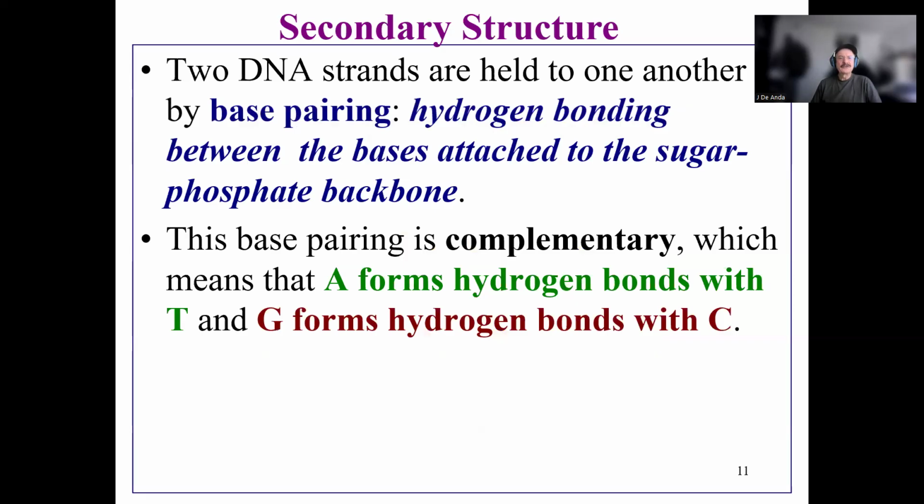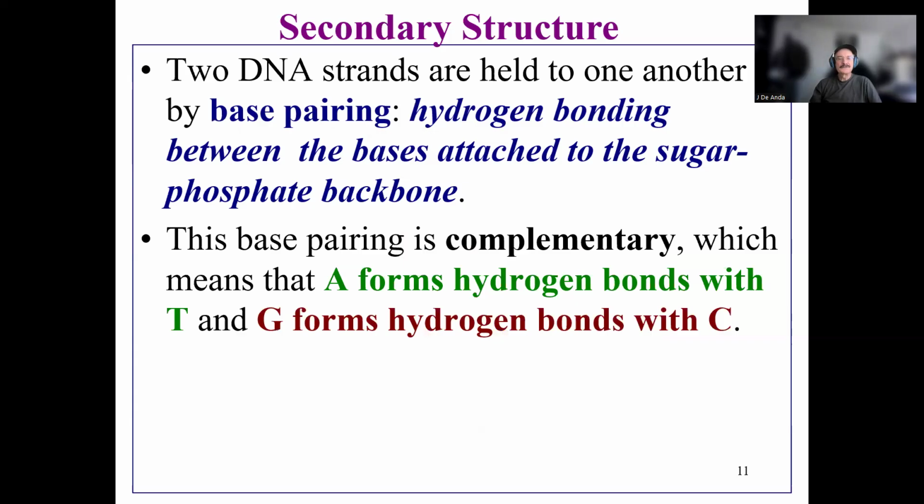Secondary structure, on the other hand, is very interesting, and it consists of two DNA strands that are held together to one another by base pairing. And base pairing means hydrogen bonding that's going to happen between the bases that are attached to the sugar phosphate backbone. This base pairing is complementary.